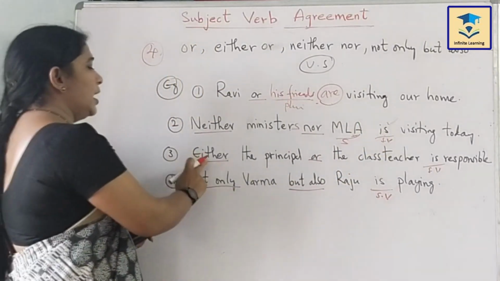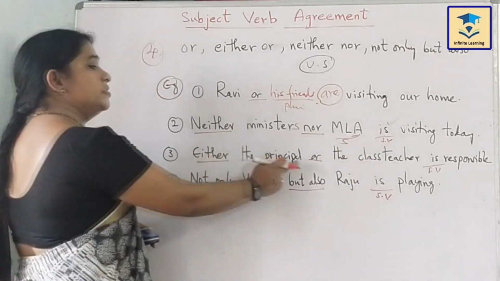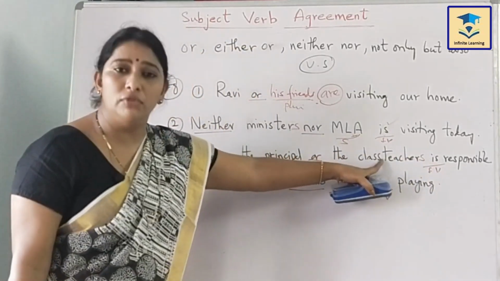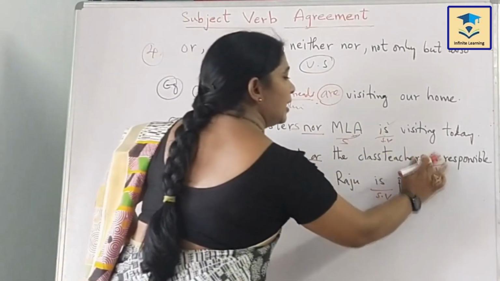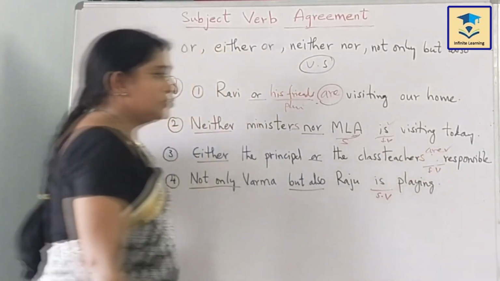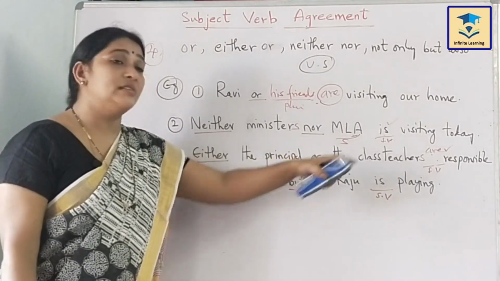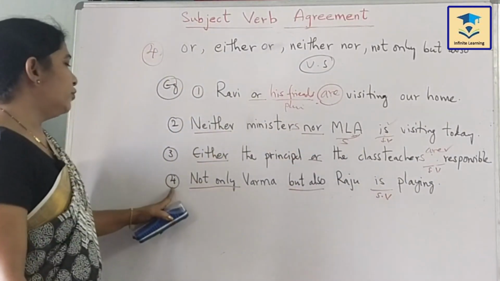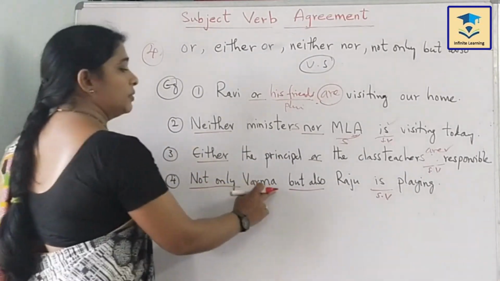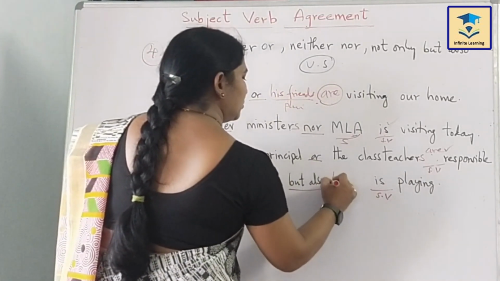See the third one. Either the principal or the class teacher is responsible. If you make it either the principal or the class teachers, then you will get not is but are. Either the principal or the class teachers are responsible. Now the fourth one, not only Verma but also Raju is playing. Not only Verma but also his friends.